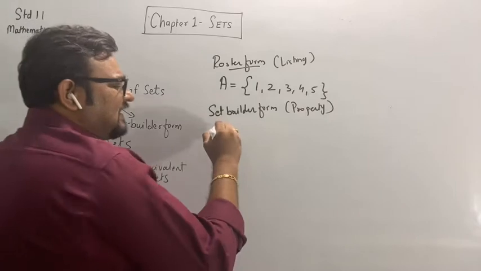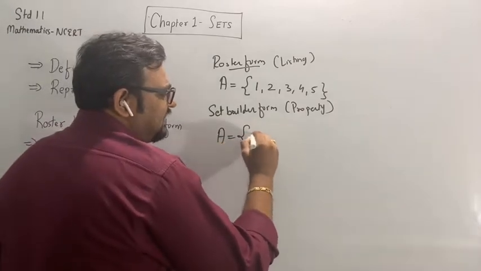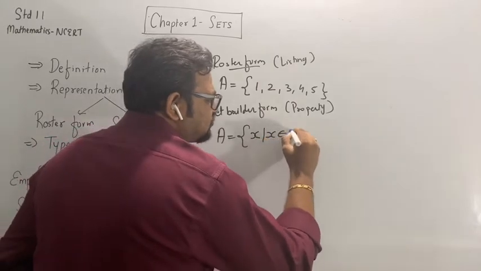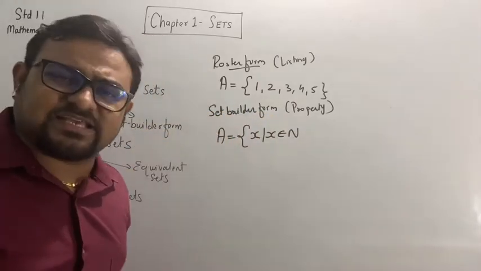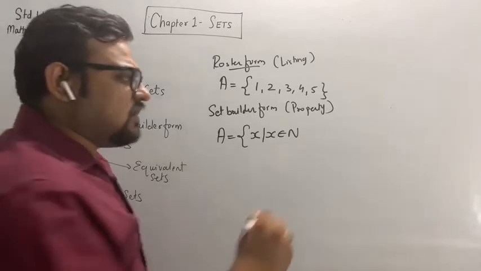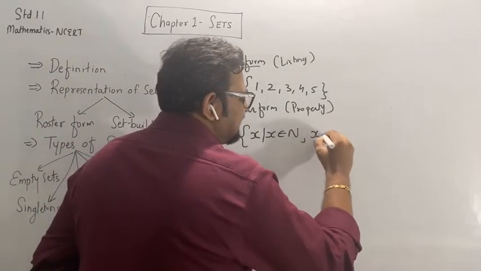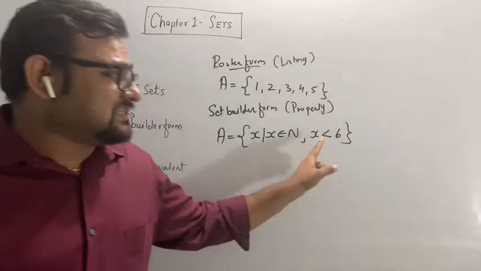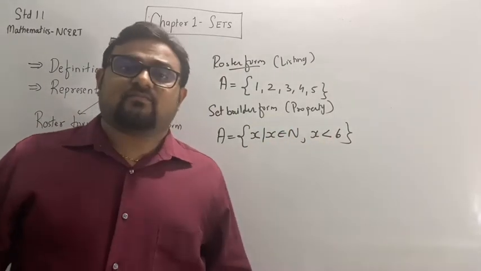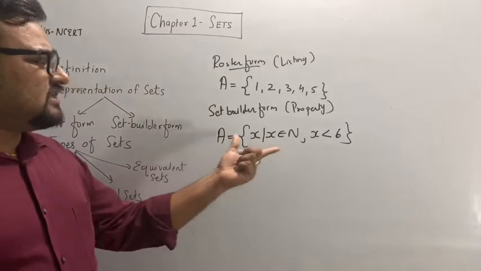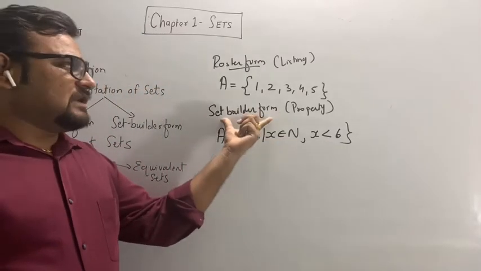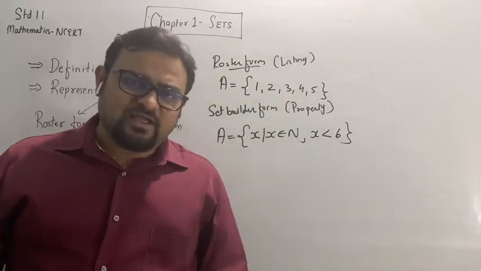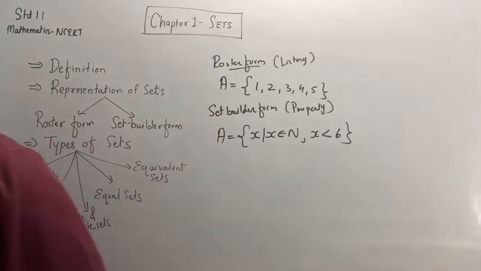So for the property, I will write it down: A is equal to {x such that x belongs to N, x is less than 6}. Means x is a natural number and x is less than 6. I can also write x is less than or equal to 5. Right? So this is the property method or set builder form and this is the roster form. Clear? Okay, now let's move to the next one.